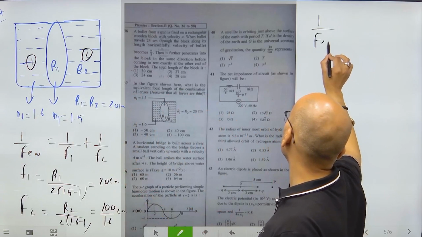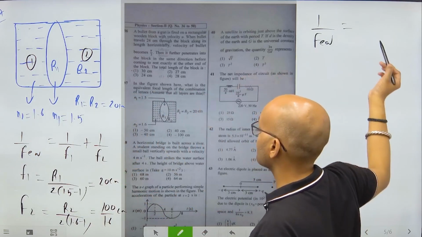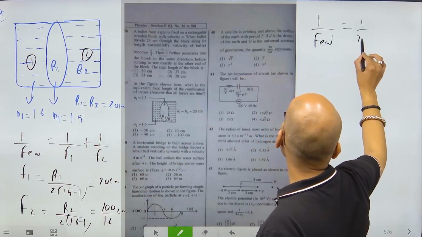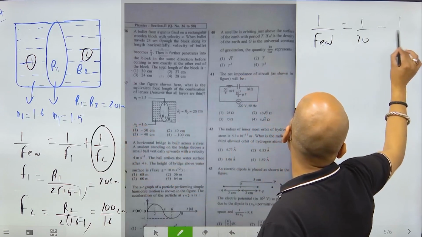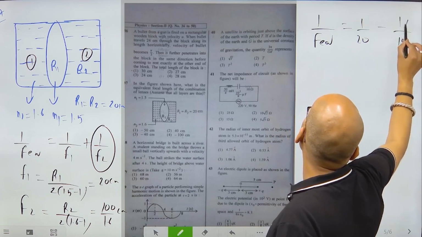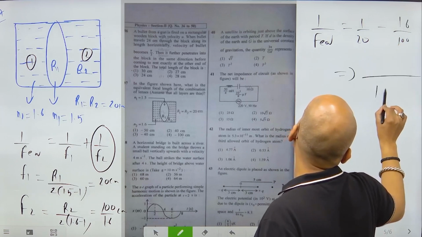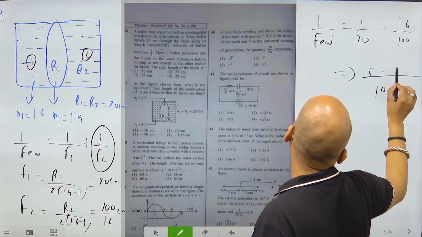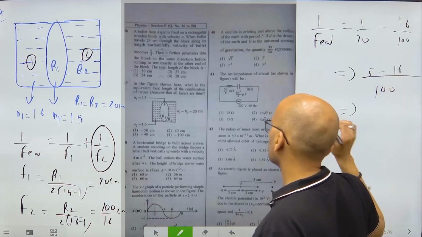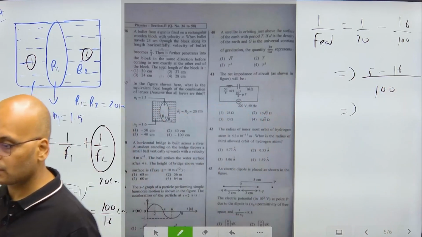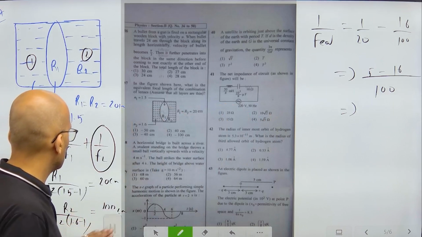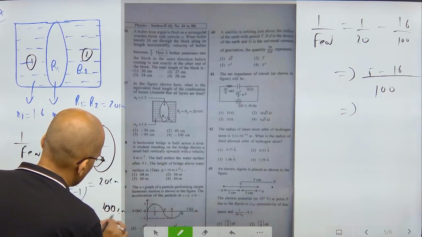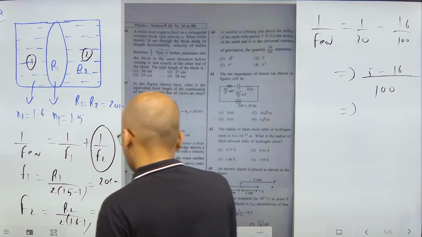1 upon f equivalent, just calculation, nothing else. So 1 upon 20. Now this is what? This is concave. So minus times 1 upon 100. So it will not be 16, I think. Oh, this will be 100 upon 6. Sorry, 100 upon 6.